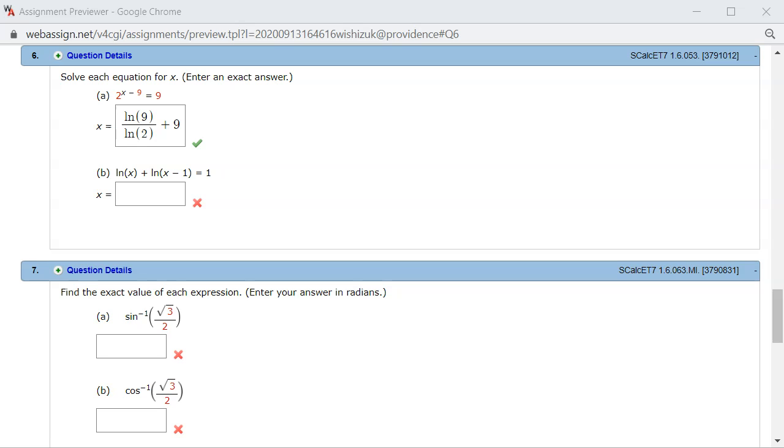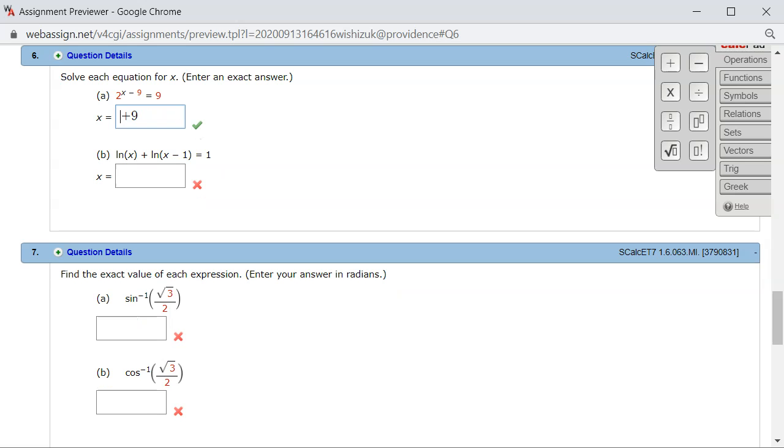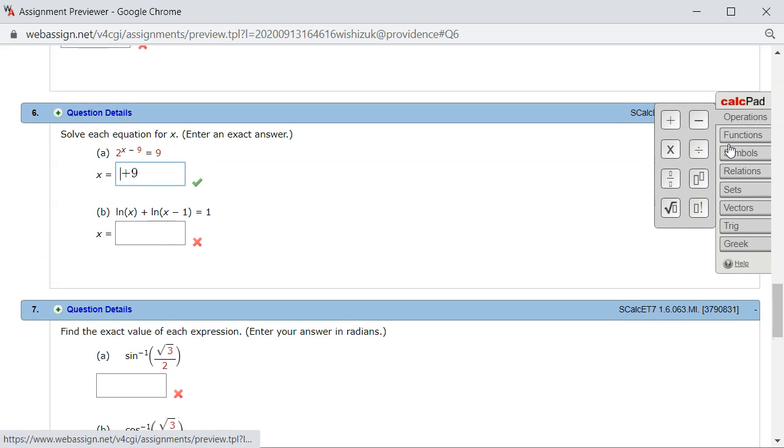And just a note, instead of writing natural log of 9 over natural log of 2, which is the same thing as log to the base 2 of 9, if you put that in, it should be marked correctly. Maybe I should do that here. So we want a log, so maybe I have to go to function here.